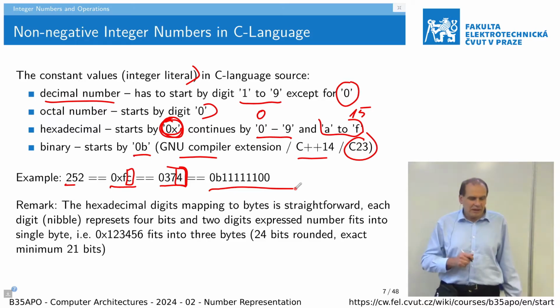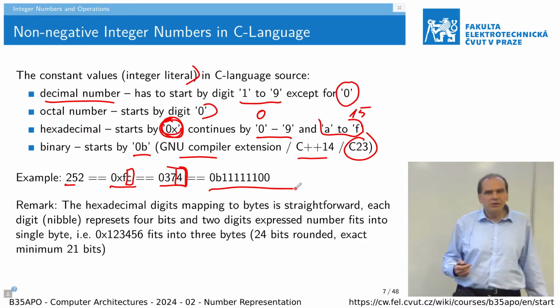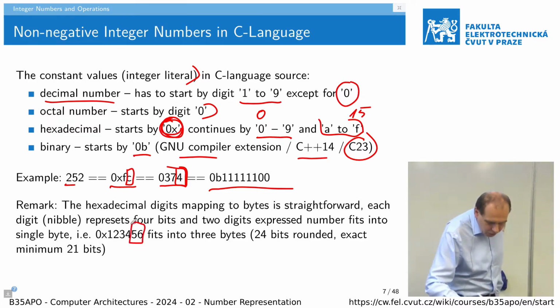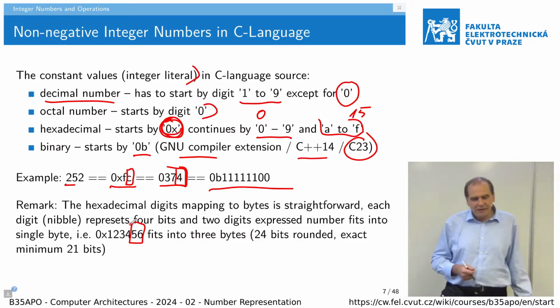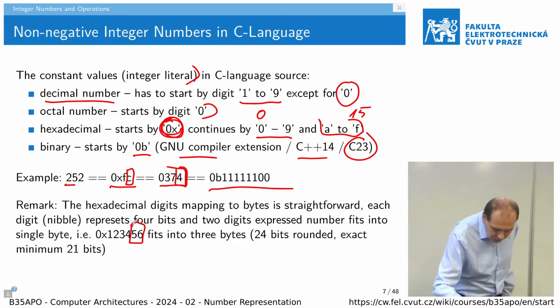And hexadecimal number representation has a big advantage for us: we know that 2 nibbles, so 2 4-bit digits, form a single byte. So it is very easy to divide it into the individual bytes.